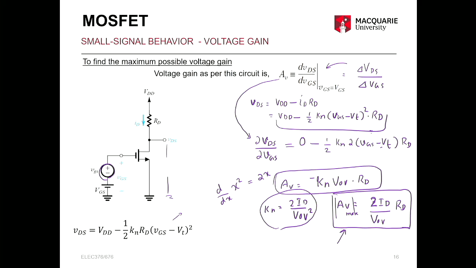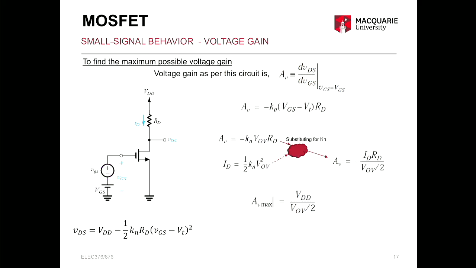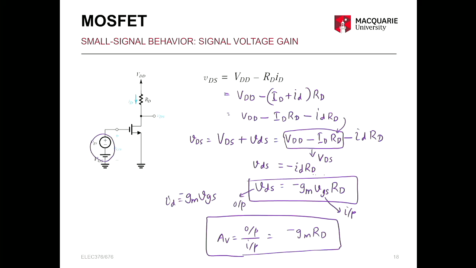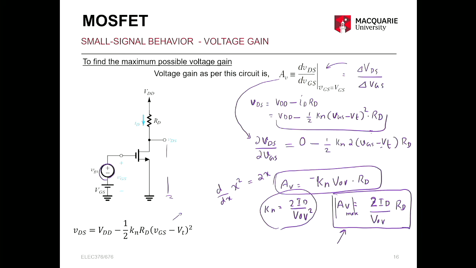And in this example, we have KN equal to 1. We have KN, we have VOV, and we have RD. How can we find the maximum value? So you're saying that we know KN here, we know V overdrive here, and how do we find the RD? So it's just 2.